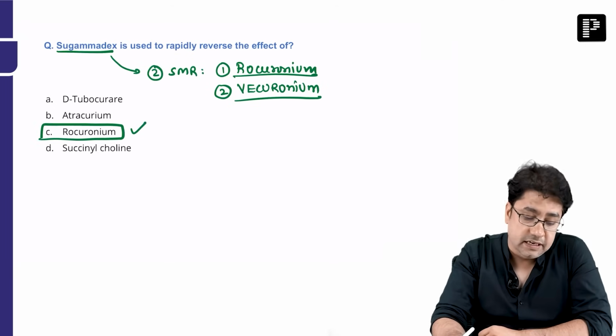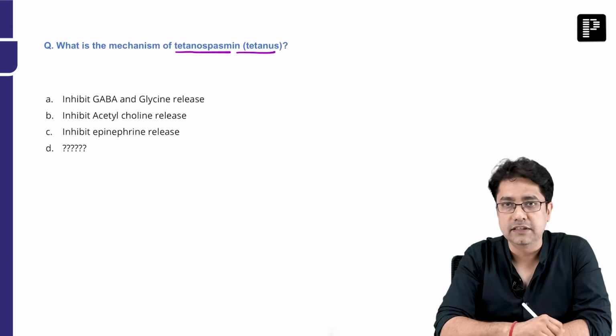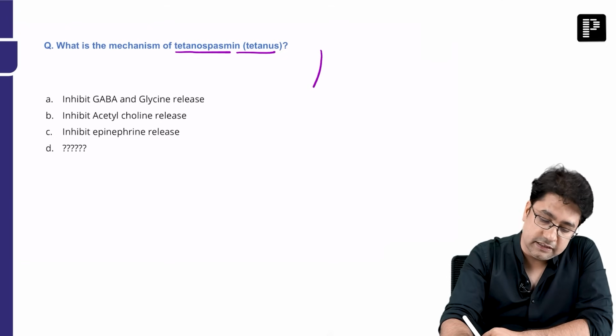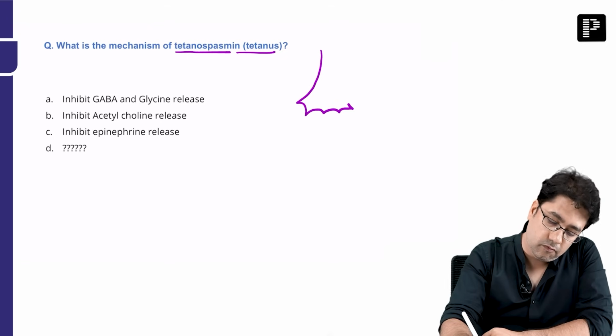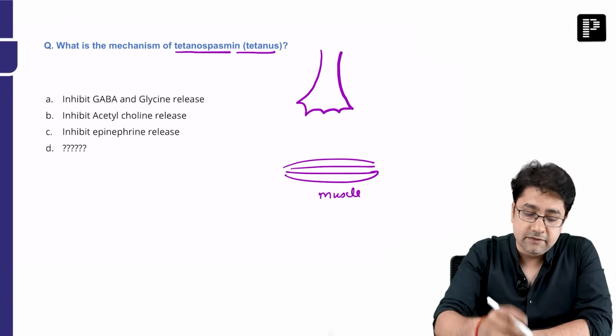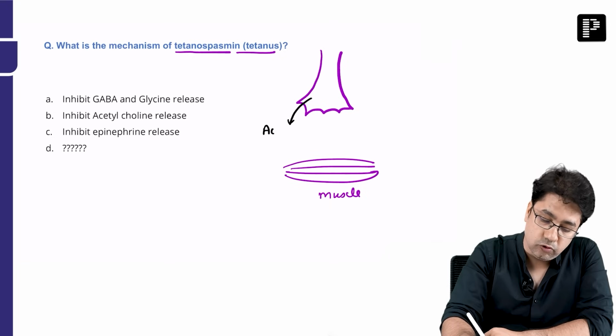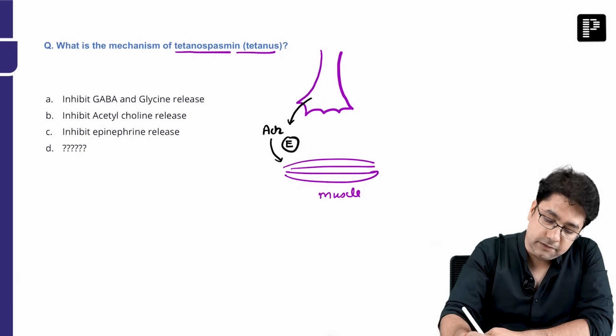The next question is, what is the mechanism of action of tetanus or tetanospasmin toxin? Suppose this is a neuron and this is a muscle. Understand one basic concept: if this neuron releases acetylcholine, acetylcholine is an excitatory neurotransmitter.